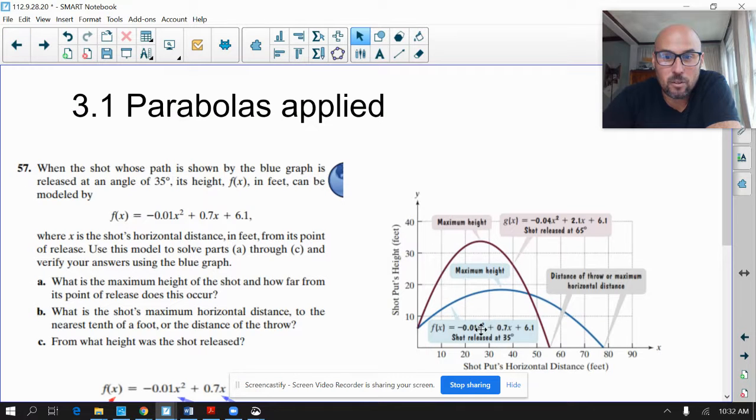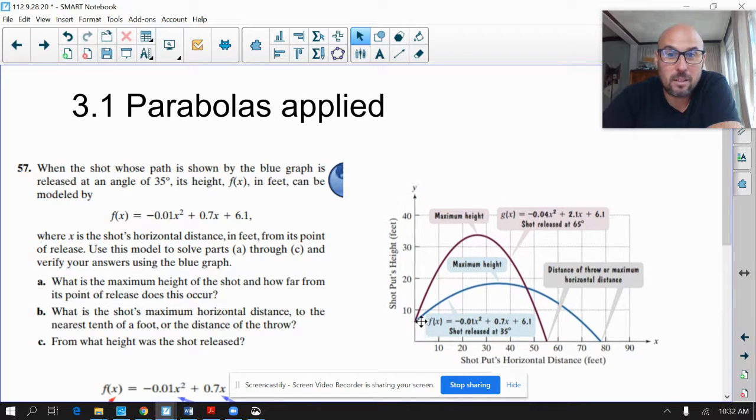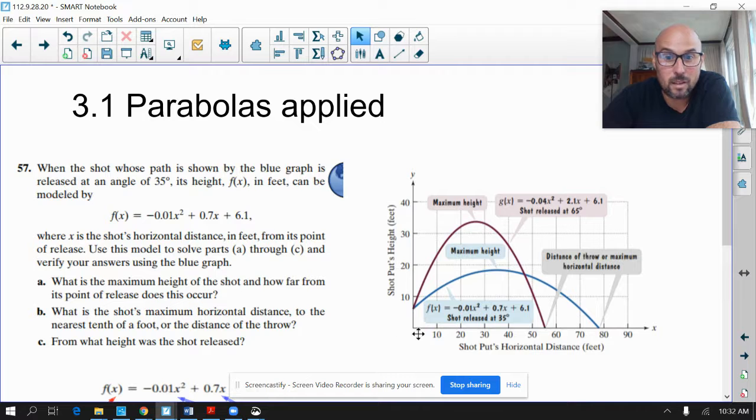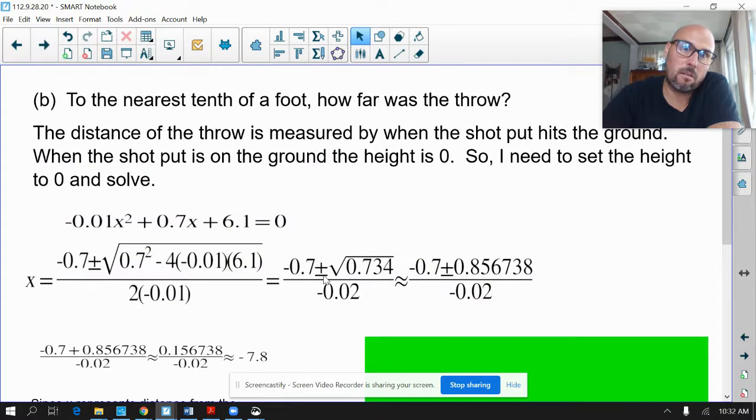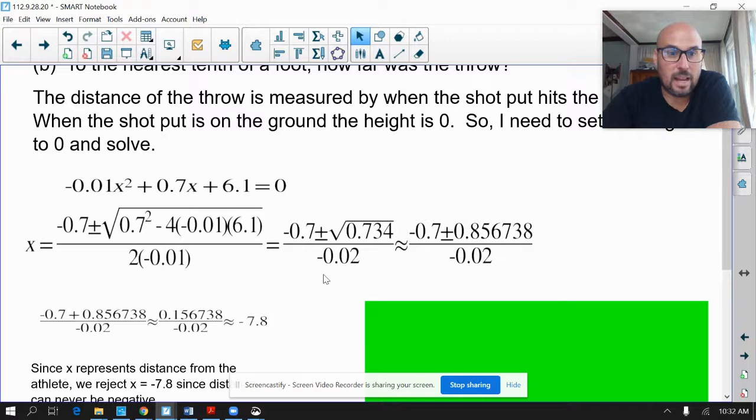Looking at the graph, you can imagine if you continue the parabola to the left, it would hit the x-axis at negative 7.8. But as a credit to this textbook, it doesn't even show you these values over here because it would make no sense. This is a real shot put person, and she begins at 0, and she throws it to whatever that value is. She can't throw it negative 7.8 anywhere.